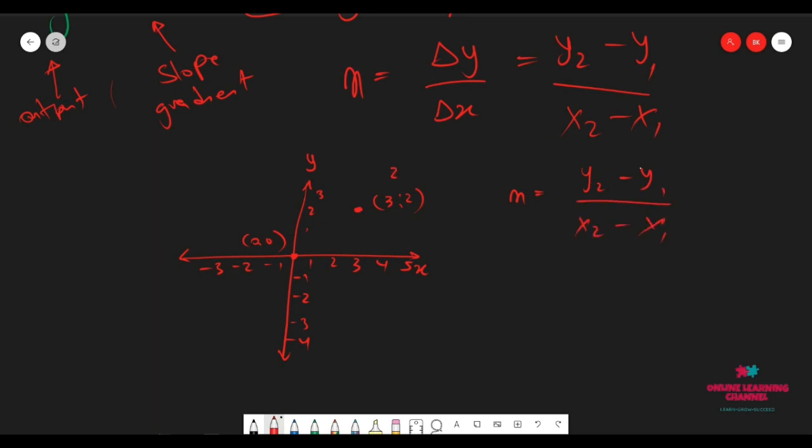If these are our 2's and those are our 1's, we would say y2 is 2 minus y1 is 0, over x2 is 3 minus x1 is 0. So that means our gradient is 2 over 3. That's our slope.